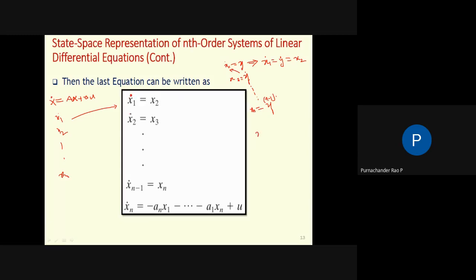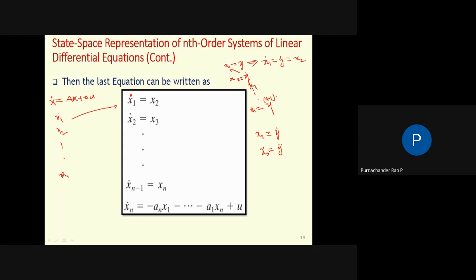Similarly, now x2 is equal to what? I'm assuming x2 is equal to y dash. But now x2 dash is equal to y double dash. What is y double dash?